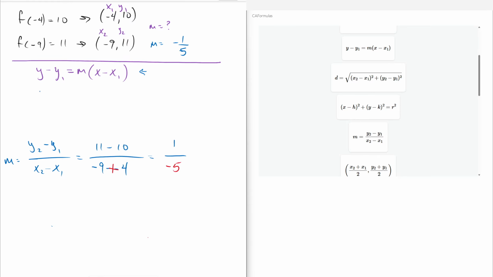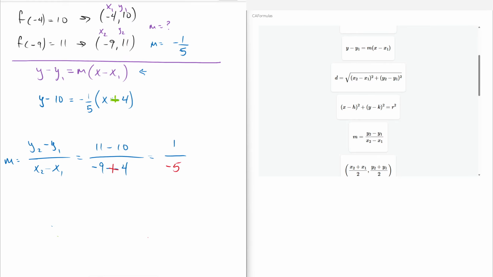So let's do it. I did not give myself enough room for this. Y minus 10 equals -1/5 x minus -4. These two just turn into a plus sign.